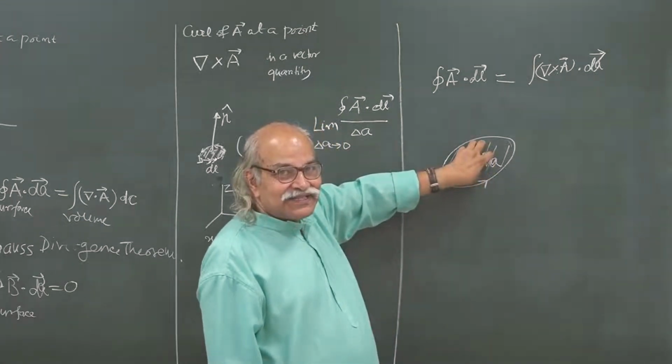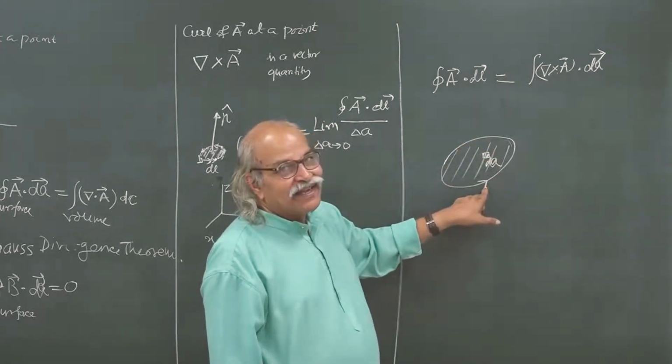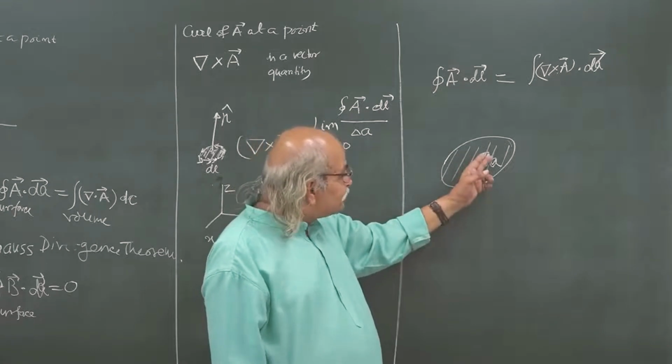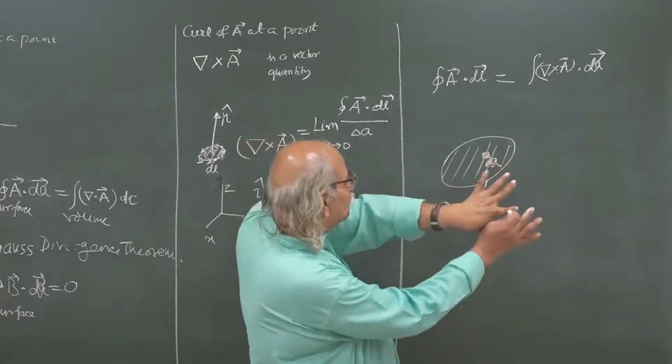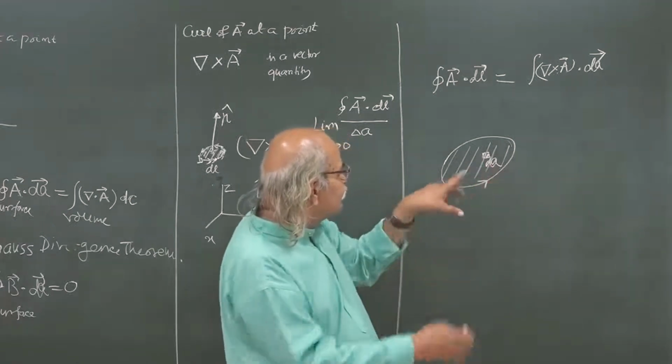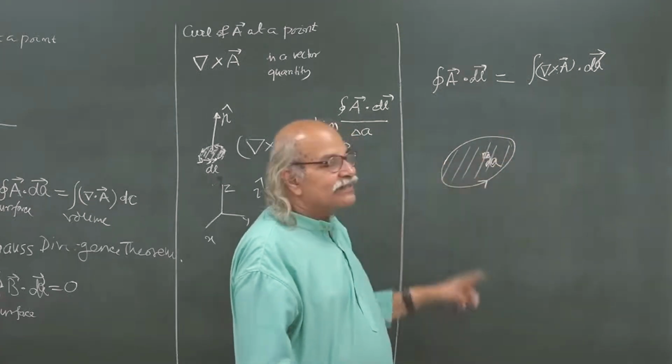Now, this is not your choice anymore. You have chosen this arrow, and therefore the dA vector should be such that if you look through the dA vector side, then this arrow should give you an anti-clockwise direction.